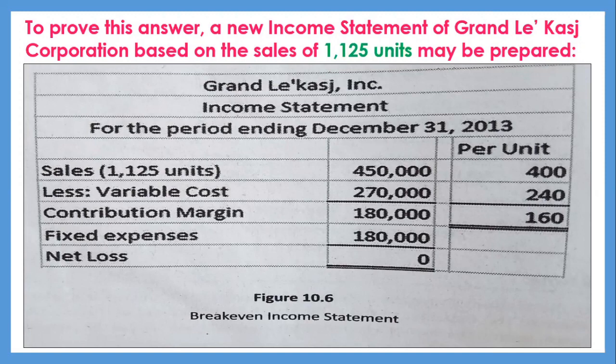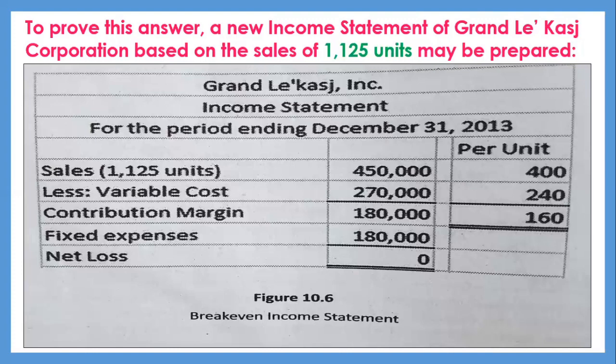And therefore, 1,125 units multiplied by 400 pesos would be equivalent to 450,000 pesos, less the variable cost of 270,000 pesos.